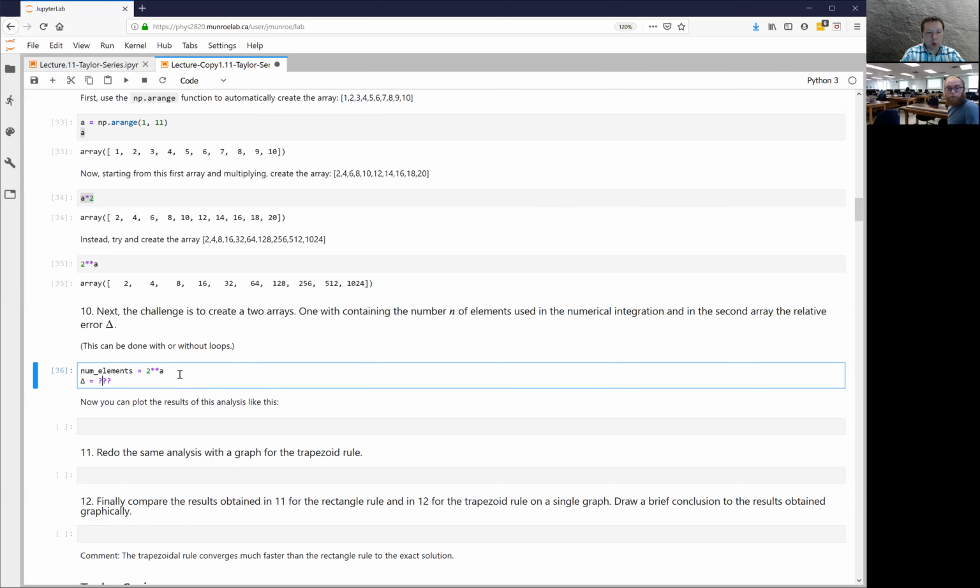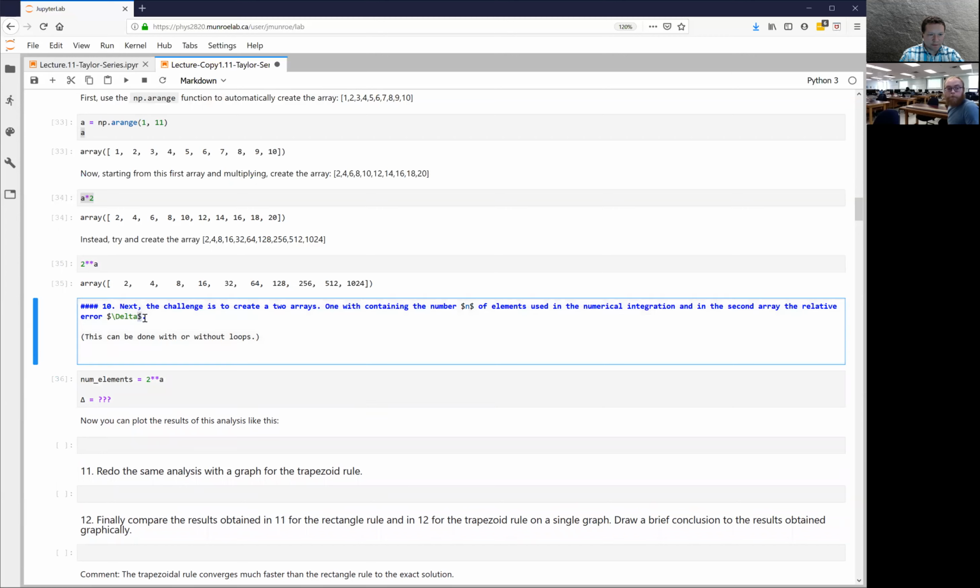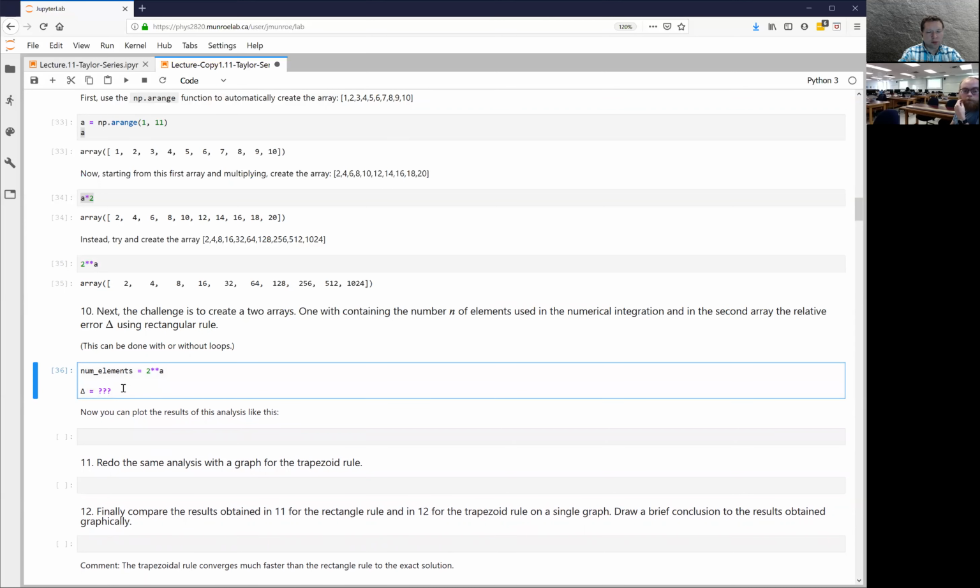And the question is, what kind of code could we write to figure out what the error would be all the way through, using the rectangular rule? Okay, so there are 2 ways of doing this. You can do this with a loop or without a loop, but I'll take either one.